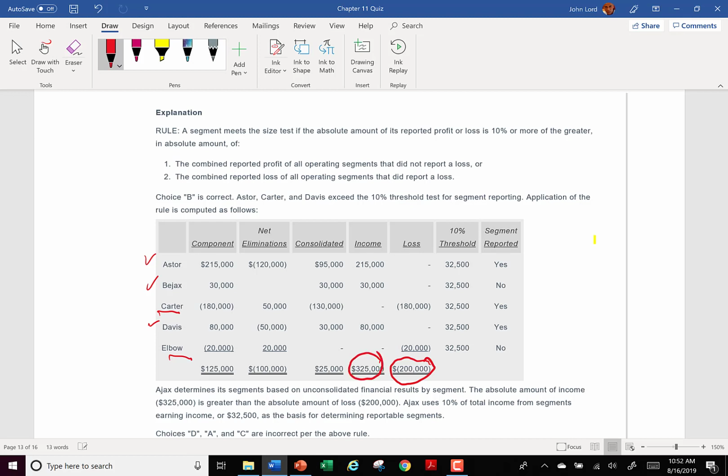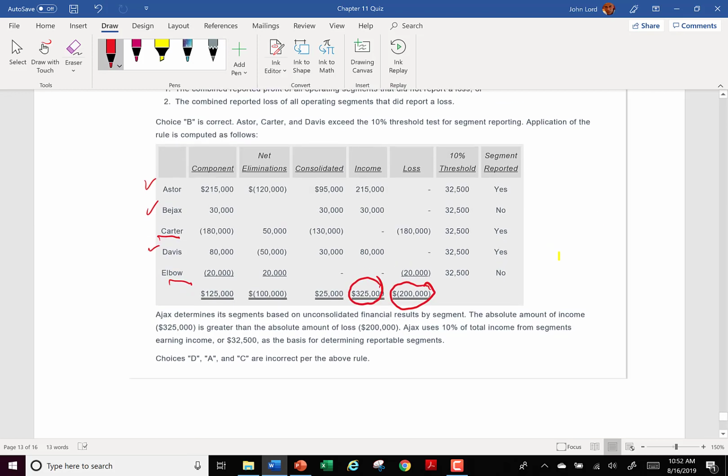That gives us 325,000. Now, we multiply each of those by 10%. Of course, we don't have to multiply them by 10% to realize that the bigger absolute value gives 32,500, right? Okay, so that becomes our threshold, not 20,000. If we had multiplied the 200,000 by the 10%, that would be 20,000. 32,500 obviously is bigger on an absolute value basis than 20,000.